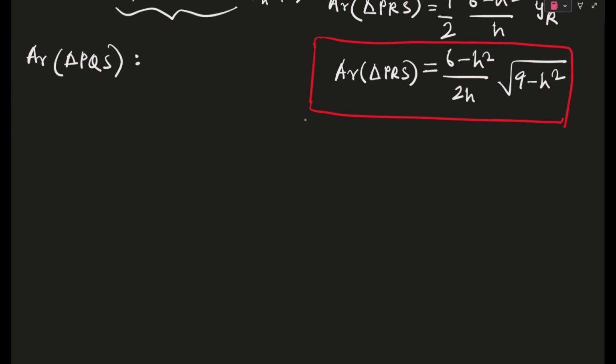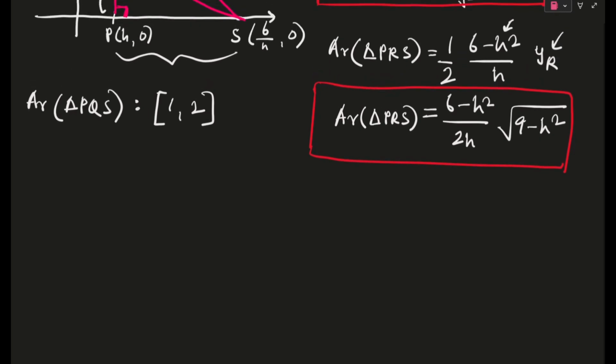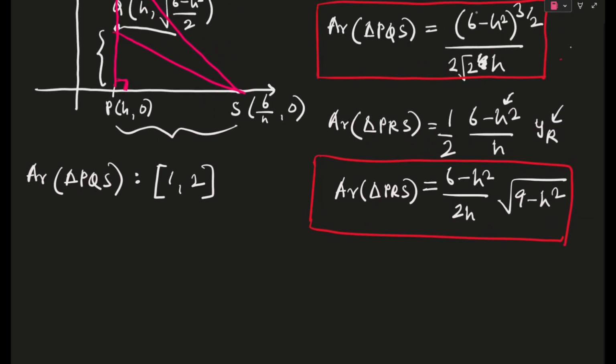Anyways, so guys, area of triangle PQS in the interval 1 to 2, we have to check on the extrema. So first thing is our area of triangle PQS. Let's bring in the expression once. Area of triangle PQS was this thing, (6 minus h squared) whole power 3 by 2. Because we have to differentiate, right, to make things simpler, let's take a function u of h equal to 6 minus h squared.